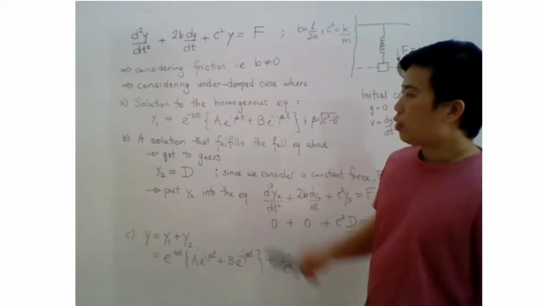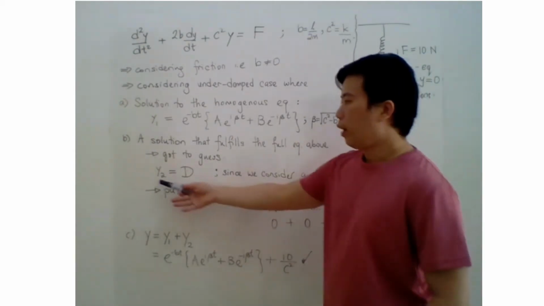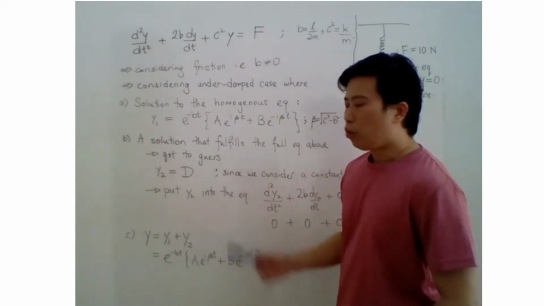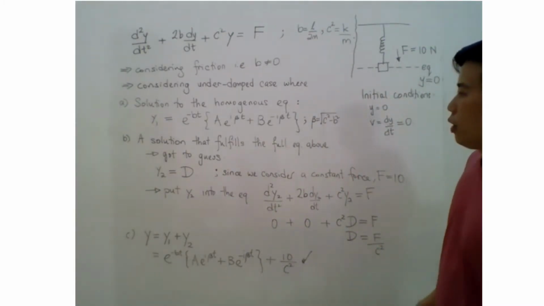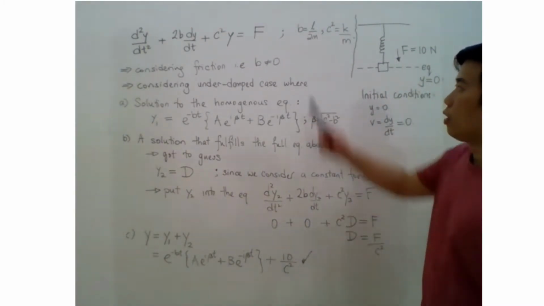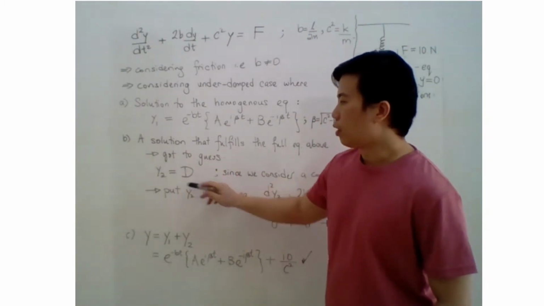But if your F is like an exponential term, then you will try y to be proportional to an exponential function, right? In this case, F is constant, so we will guess that y2 is going to be a constant.